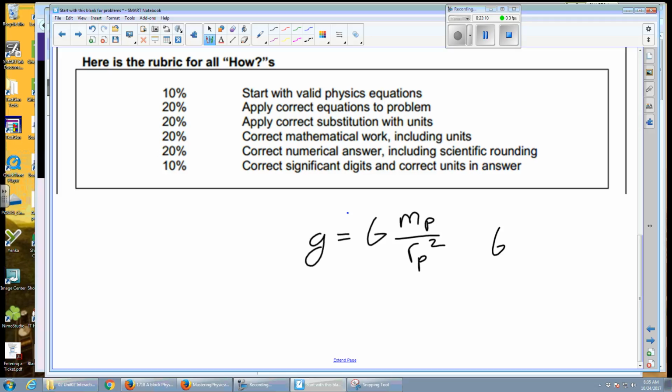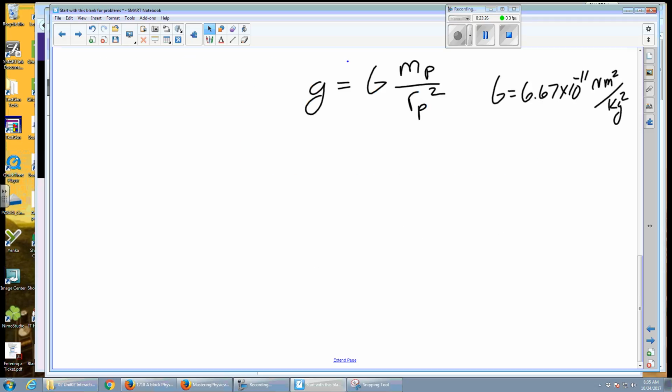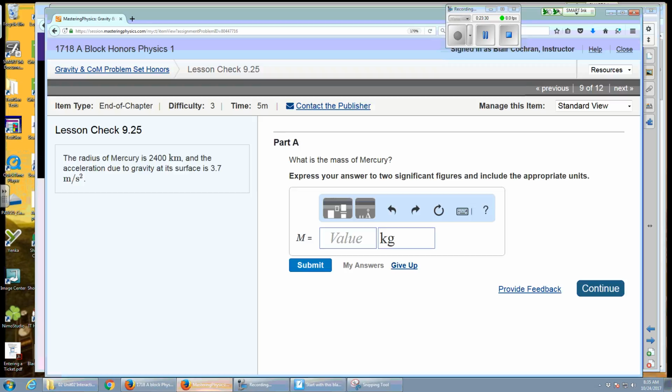And of course, from there I'd also grab the big G of 6.67 times 10 to the negative 11 newton meter squared per kilogram squared. Better to use meters than kilometers. And now it's, again, plugging in, right? I know little g, 3.7.